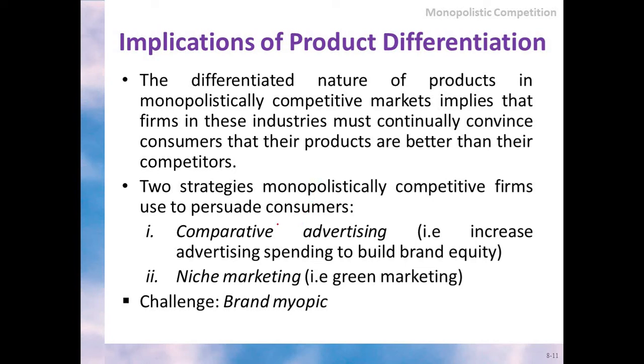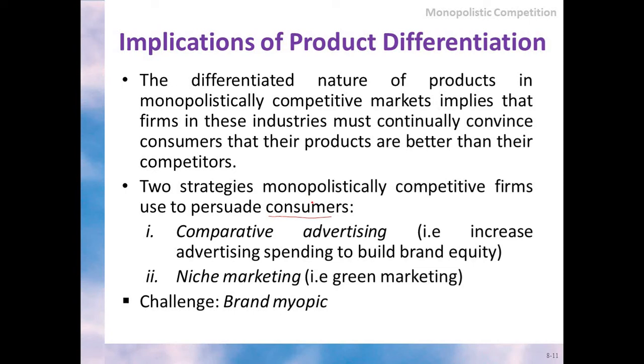But this is just to show that when the firm is in a monopolistic competitive industry, you have to persuade the consumers because you have other competitors that sell more or less the same goods as yours.